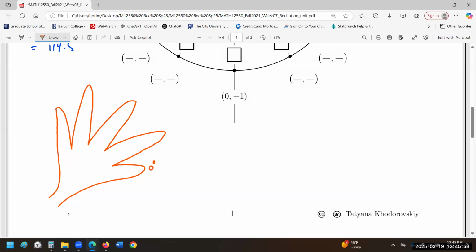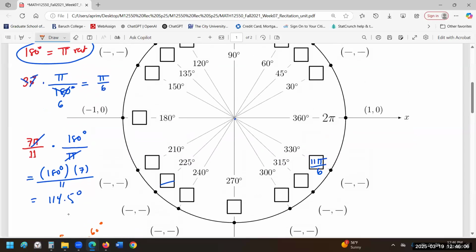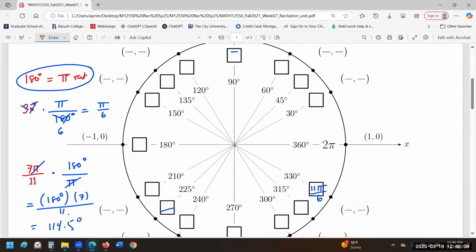So this is 0 degree, this is 30 degree, next we have 45, and then we have 60, and then the straight line is the 90 degree. So we have 5 angles in the first quadrant, if you observe. We have 0 degree, 30 degree, 45 degree, 60 degree, and 90 degree.